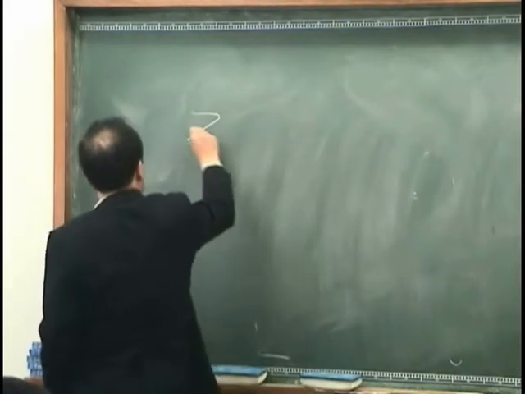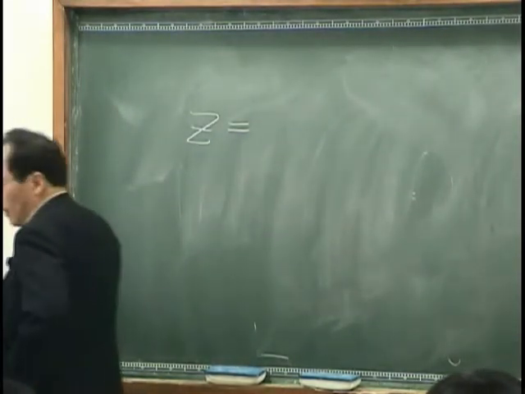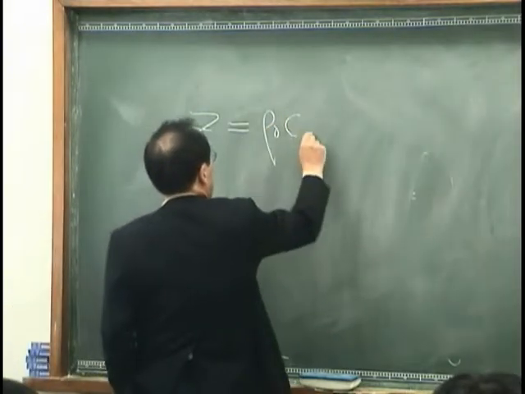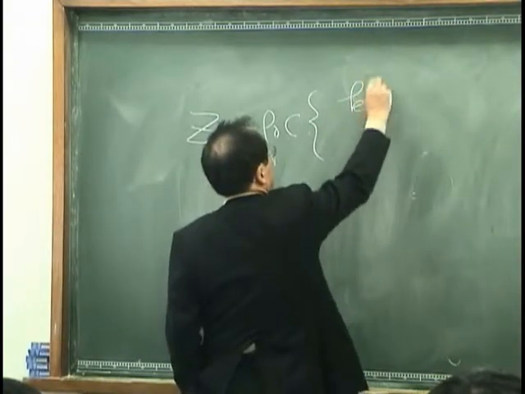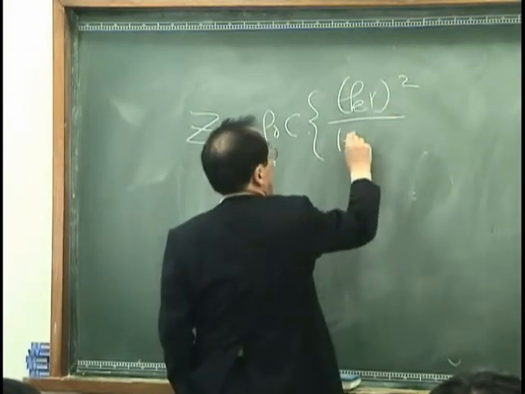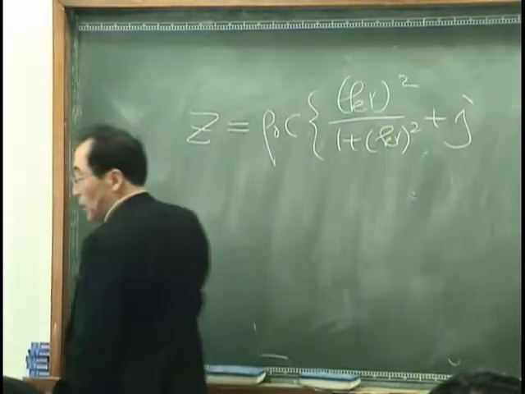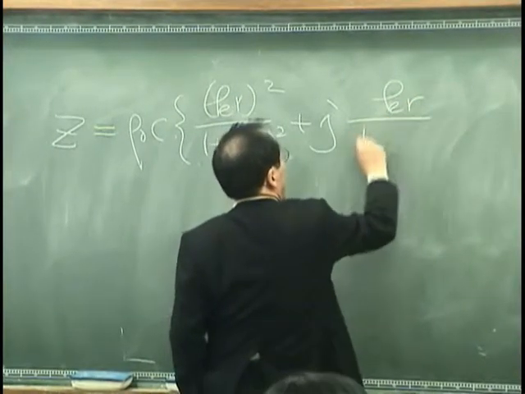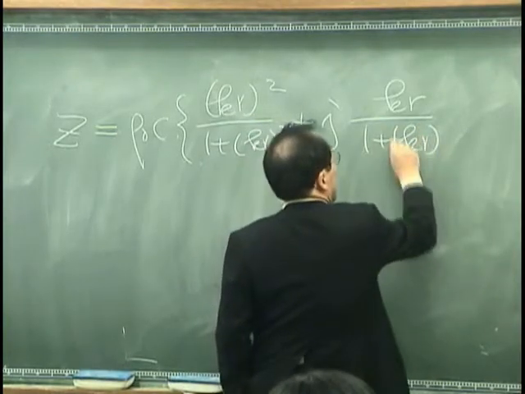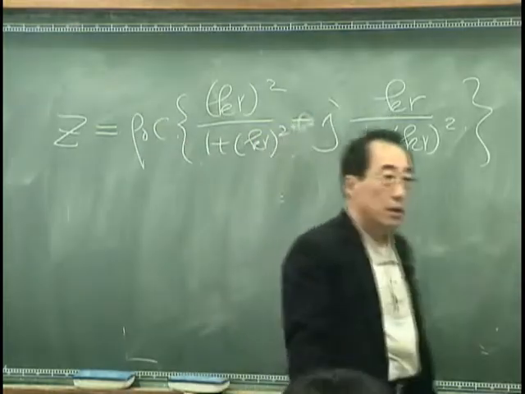The impedance of a spherical wave is rho 0 c, as you can see in the text, (kr) squared over 1 plus (kr) squared, plus imaginary part kr over 1 plus (kr) squared, and that has to be minus. This is the impedance.